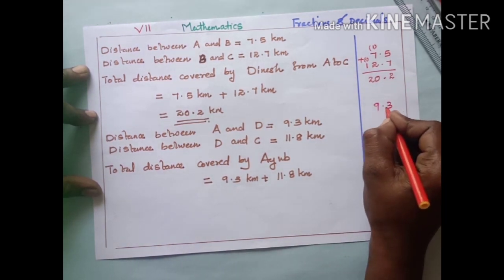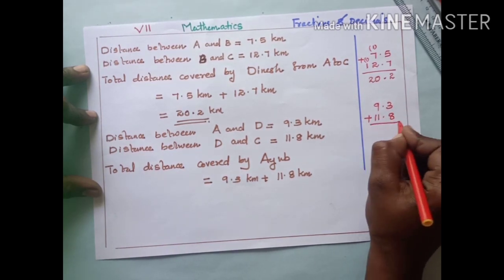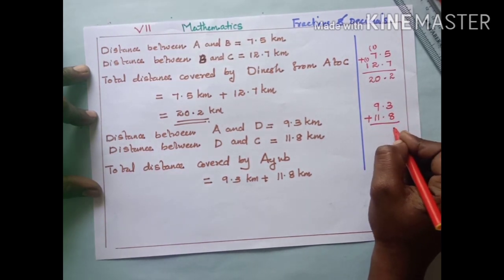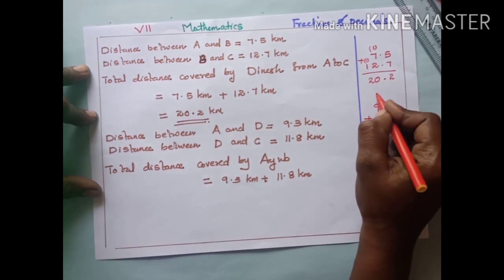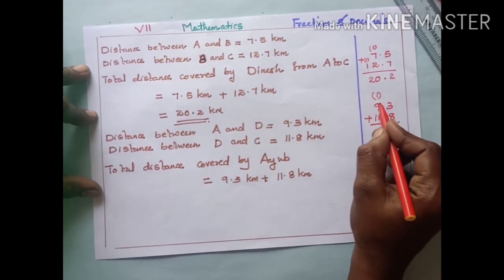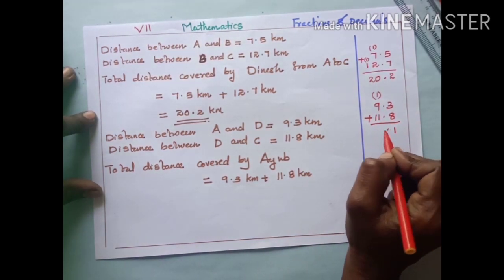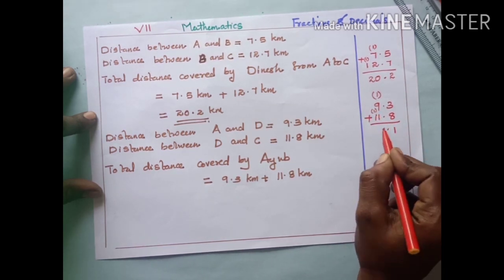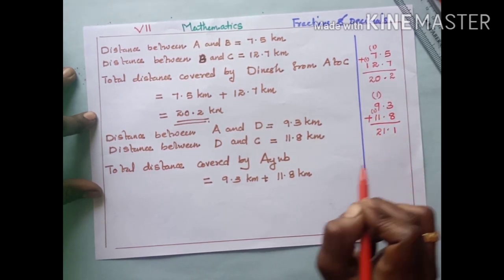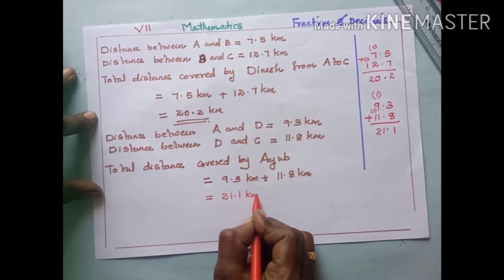Adding 9.3 plus 11.8. 3 plus 8, 11. Put the decimal point, 1 carry. 1 plus 9, 10. 10 plus 1, 11. Again 1 carry. 1 plus 1 is 2. So the answer is 21.1 kilometers.